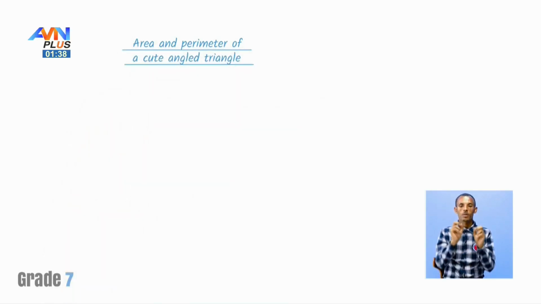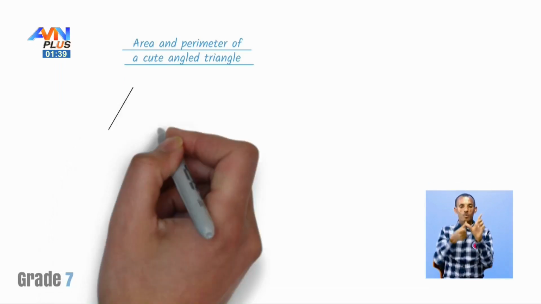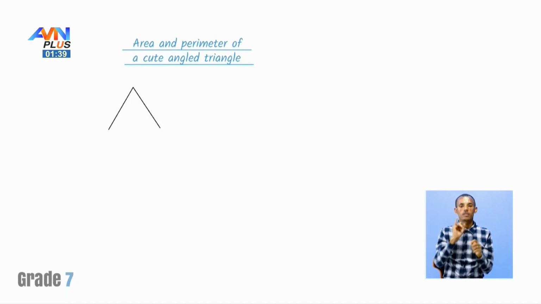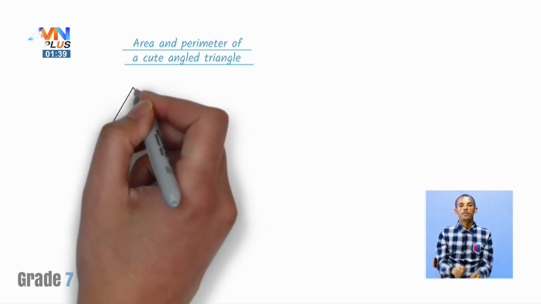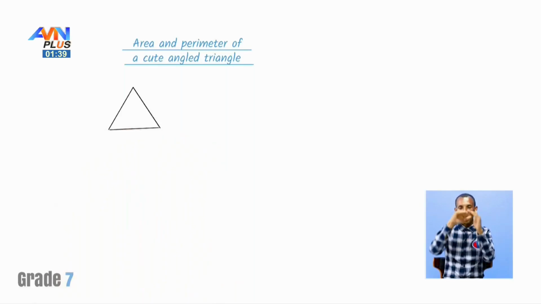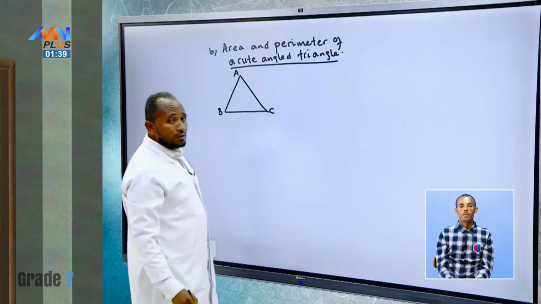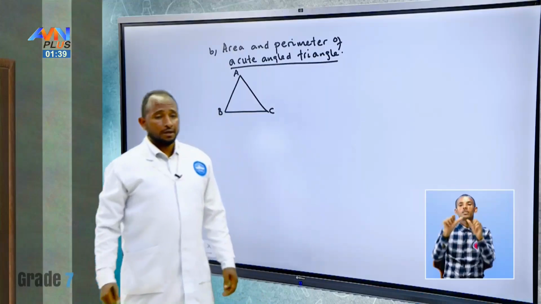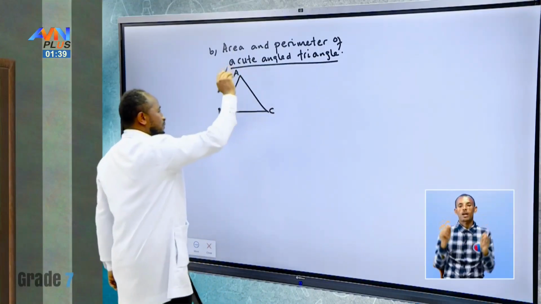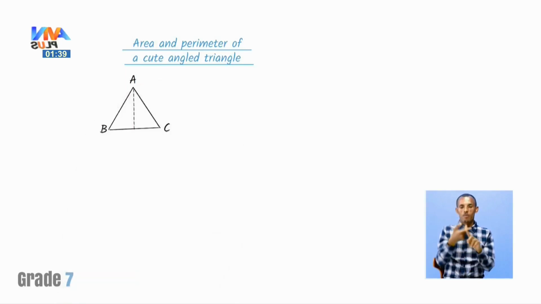Okay. Now, an acute angle triangle is a triangle in which each angle is acute, or less than 90 degrees. So, how do you calculate the area of such a triangle? To calculate the area of such a triangle, draw an altitude from one vertex to the opposite side.